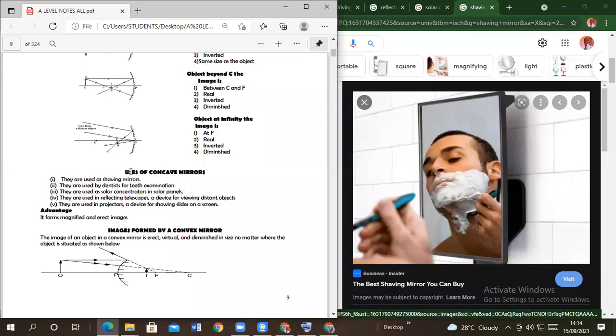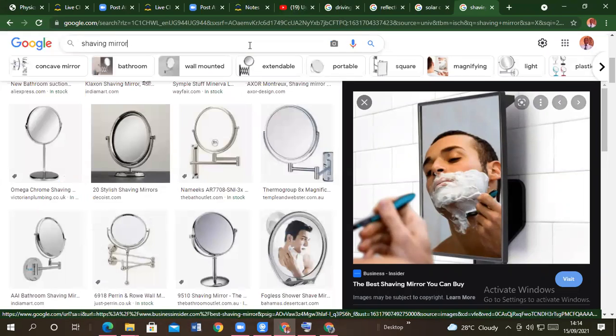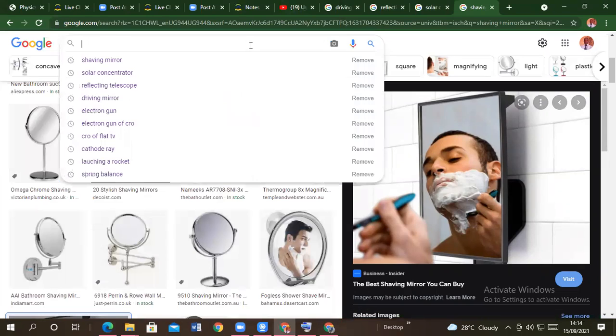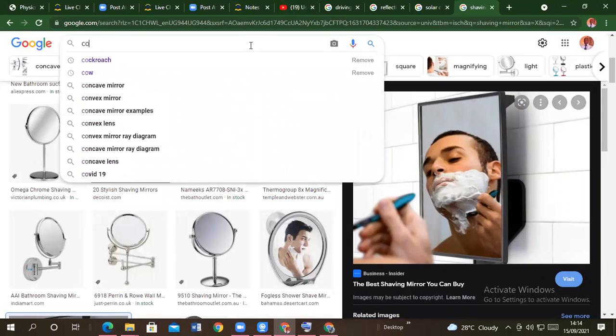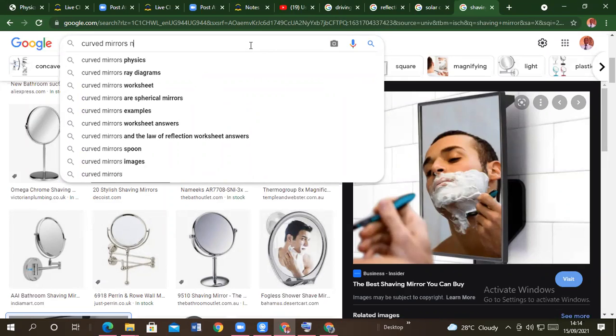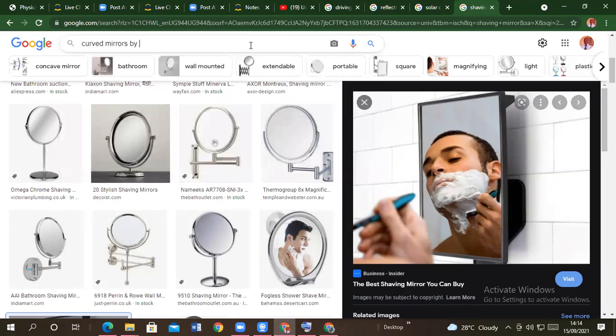You can get tooth decay and even cry tears, members. You should know that tooth decay is not a joke. If you get tooth decay, you may cry tears, but curved mirrors are used by dentists to examine the tooth.